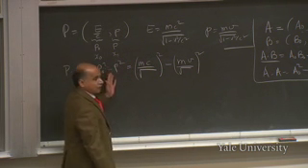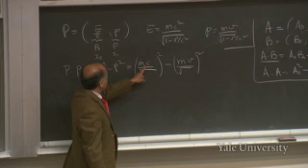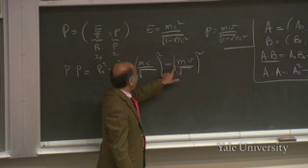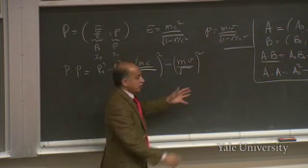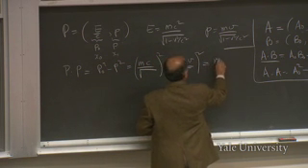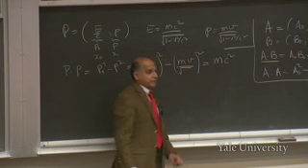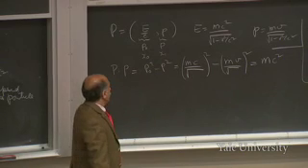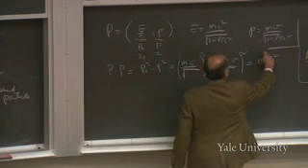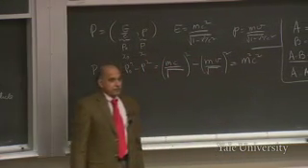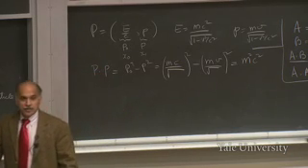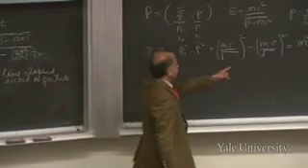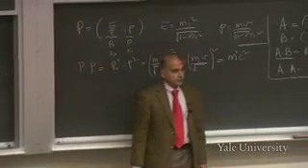M squared is going to come out of the whole thing. You agree? In the top, I have got 1 over 1 minus v squared over c squared. Here I have minus v squared over 1 minus v squared over c squared. So they will all cancel, giving you m squared c squared. So the 4 vector of any particle has a length that does not at all depend on how fast it's moving. It depends only on this.